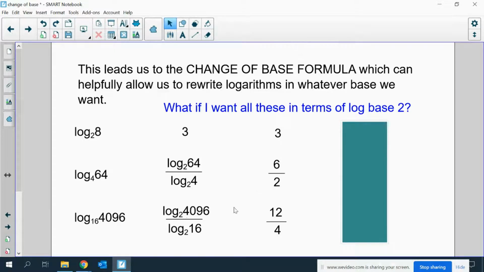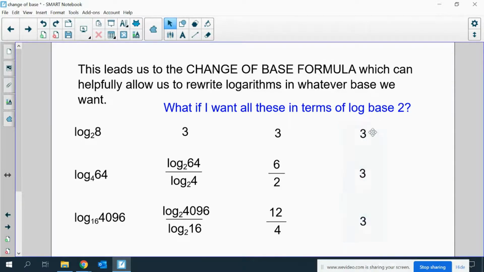This is 12 because 4096 is actually 2 to the 12th, and 12 over 4 all gives us 3. So that leads us to the change of base formula, because we know that all 3 of these things are the same, and if we rewrite them in such a way where I use this base 2, it ends up working out.